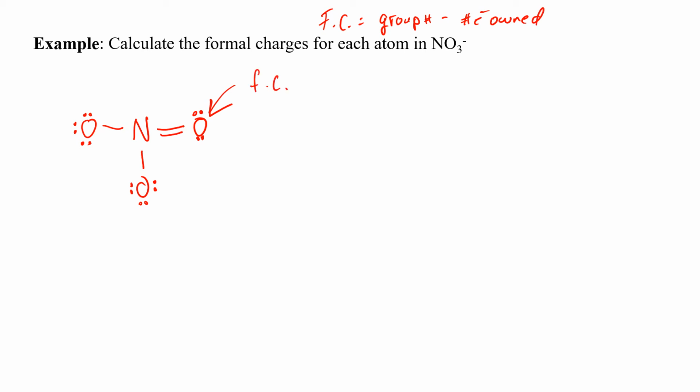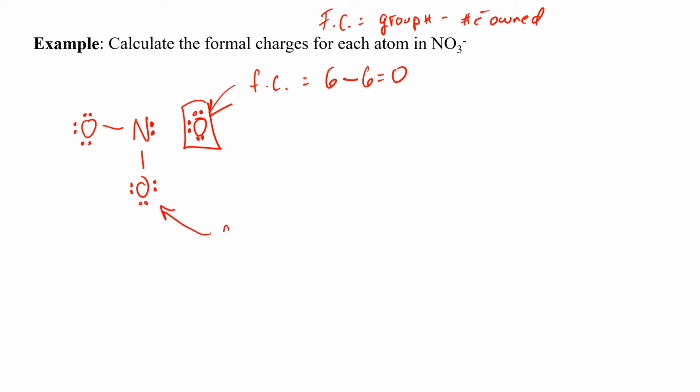So the formal charge for this one is going to be the group number of oxygen, which is 6, minus the number of electrons owned. Well, let's see, there are 4 electrons in that double bond. We're going to give 2 of them to oxygen. We're going to give 2 of them to nitrogen. So now look at this oxygen. It owns 2, 4, 6. So 6 minus 6 equals 0.